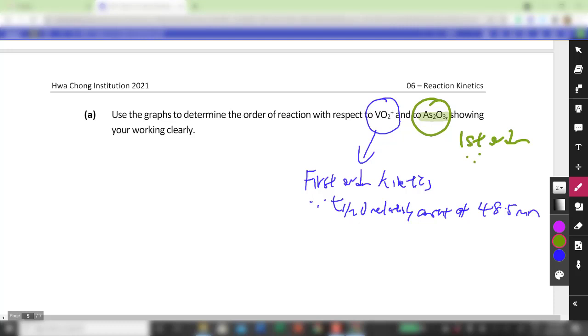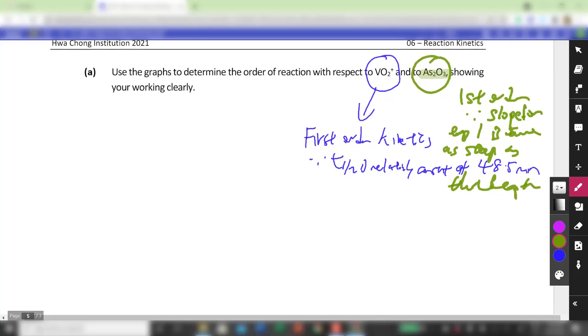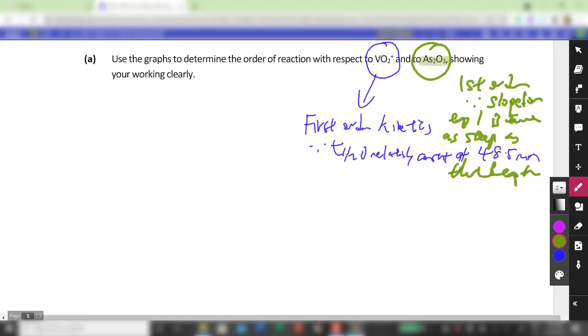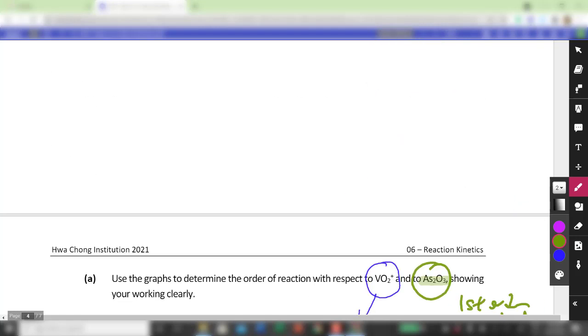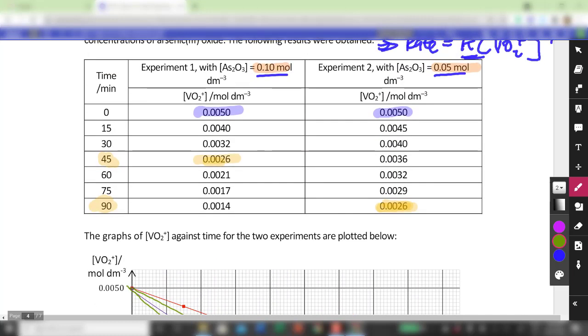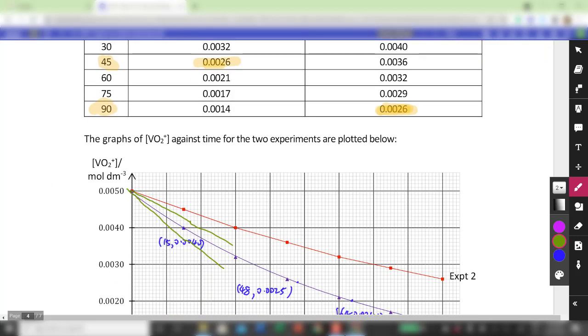The reasoning is that the slope for experiment 1 is twice as steep as that of experiment 2, or you can say the gradient is double that of experiment 2, so therefore the initial rate doubles as the concentration of arsenic 3 oxide doubles from 0.05 to 0.10. That's how you can formulate your argument.